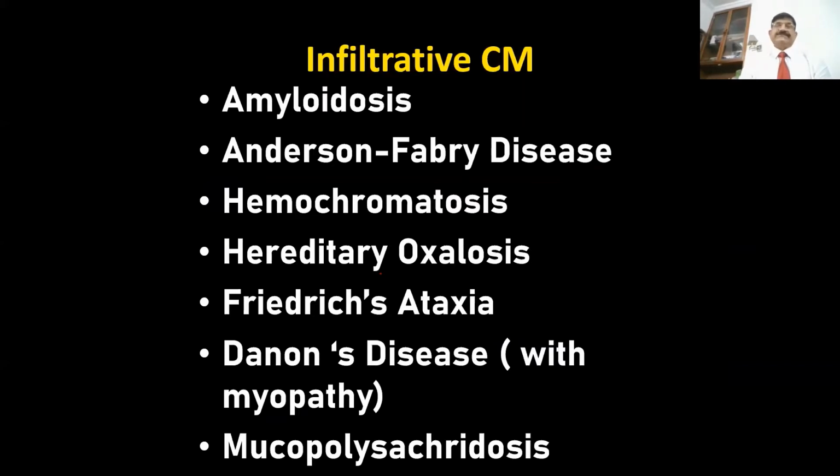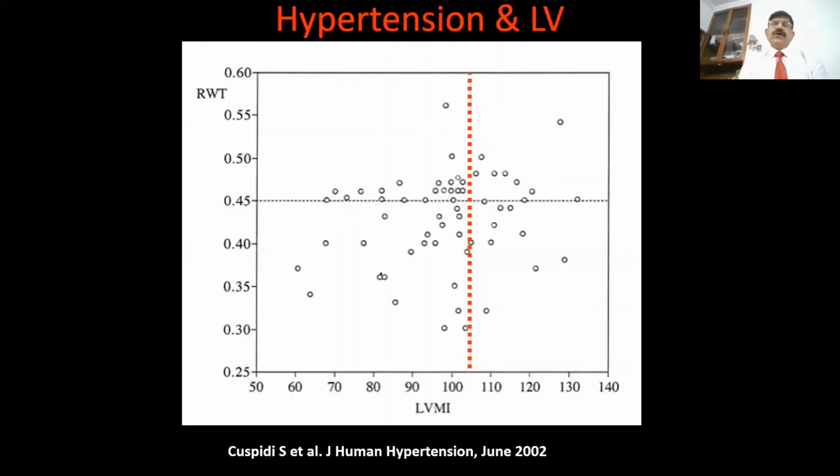When you talk of hypertension, which is the commonest issue, note that in a patient with hypertension, everything is possible. A person may have normal left ventricle mass and normal relative wall thickness, the left lower rectangle.